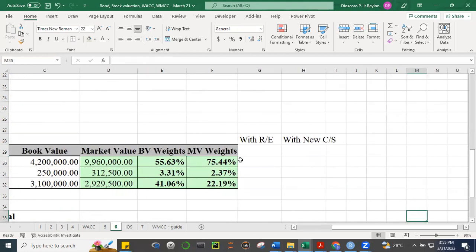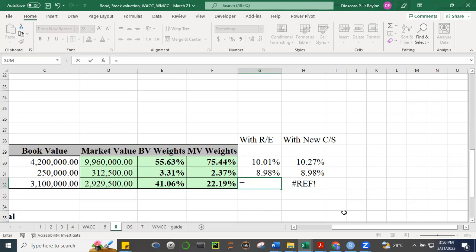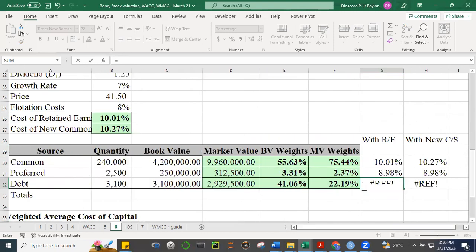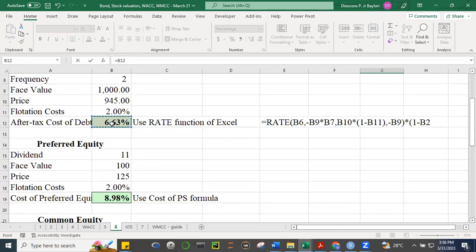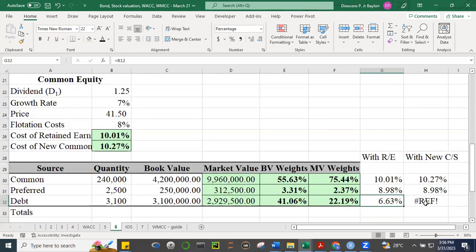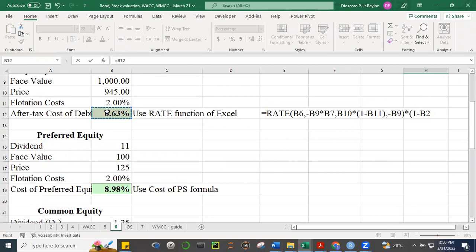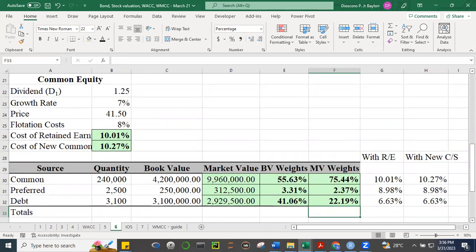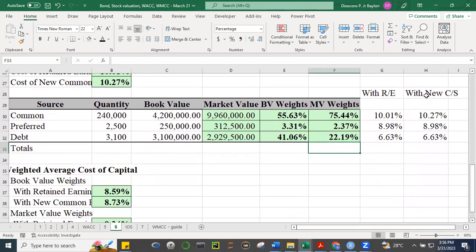So what I did was, in order to make this easier to calculate, I placed here, okay, ang nangyari dito. What is Z is equal to debt. Cost of debt is... okay. So for easier computation, I placed the costs there with retained earnings and then with new common stock.